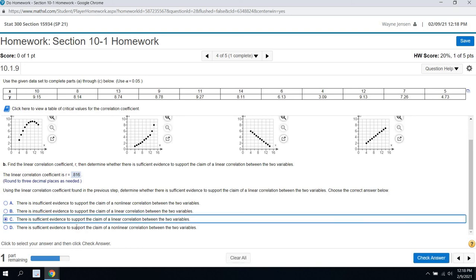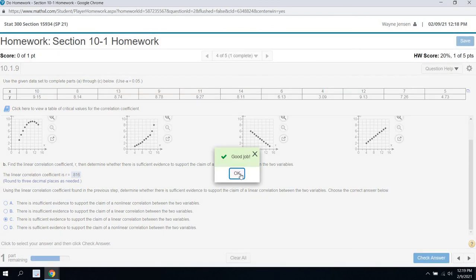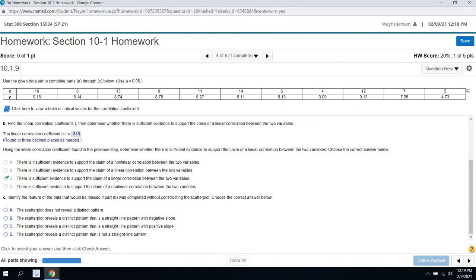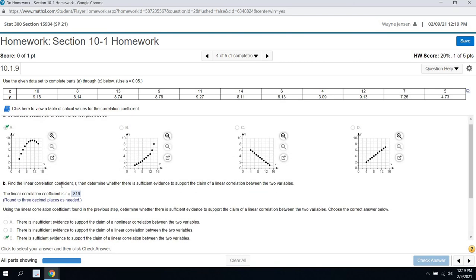Right? That's what that R value measures. It measures linear correlation. So it feels like there's a line that goes through that. But this last question is, well, take a look at the scatter plot. What would we have thought if we never saw the scatter plot? Well, we would have missed that it looks like it's quadratic in nature, not necessarily linear. It's saying that there's a line of best fit that goes probably right through here.